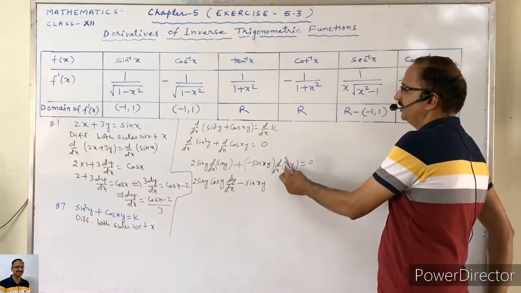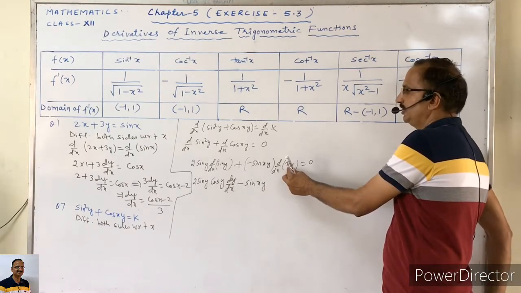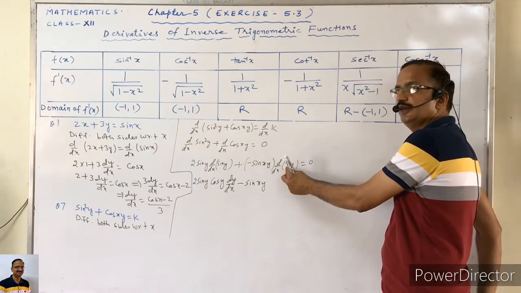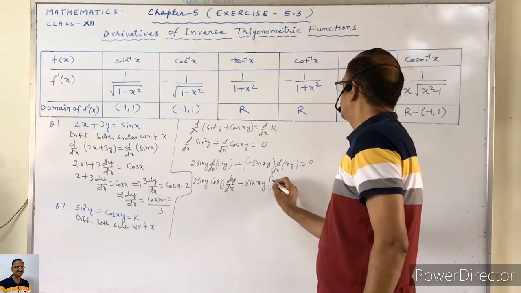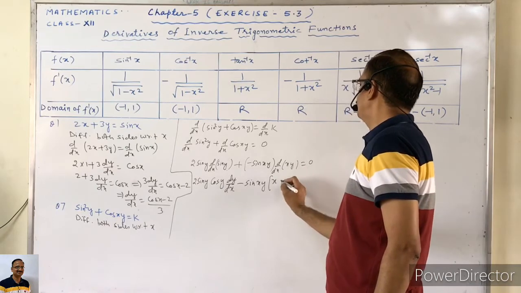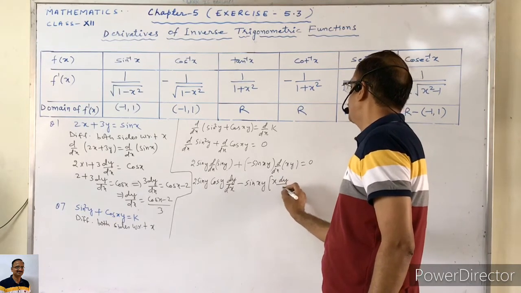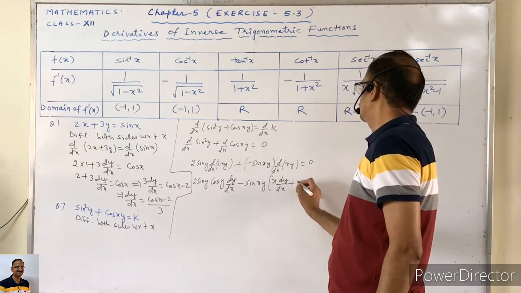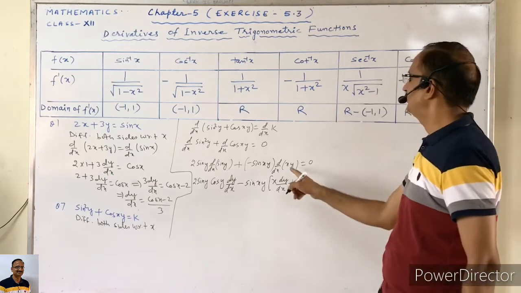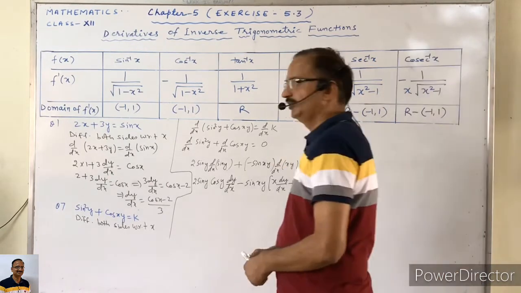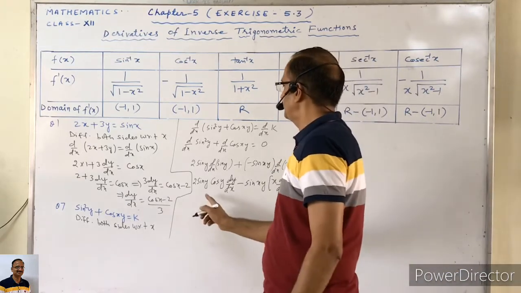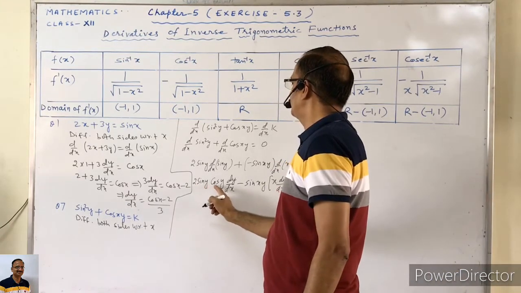Now we will find the differentiation of this xy. So these two are the functions which are in product. तो product rule लगाएंगे. First function as it is means x, derivative of y is dy by dx, plus y as it is, differentiation of x is 1, equals to 0. Now when we simplify this, this is 2 sin y cos y.